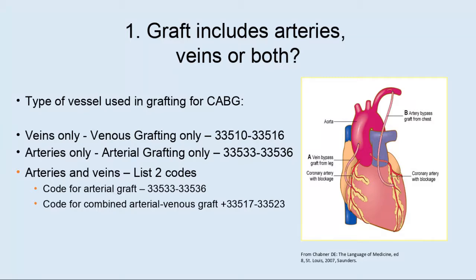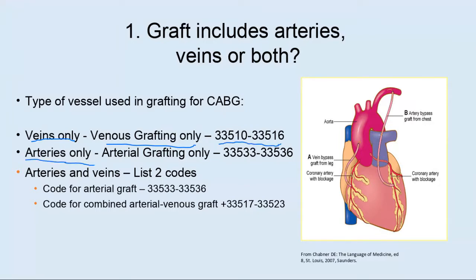So let's discuss each question. The first question concerns which vessels are involved: arteries only, veins only, or both. If it's only veins, you go to the section venous grafting only, 33510, 33516.